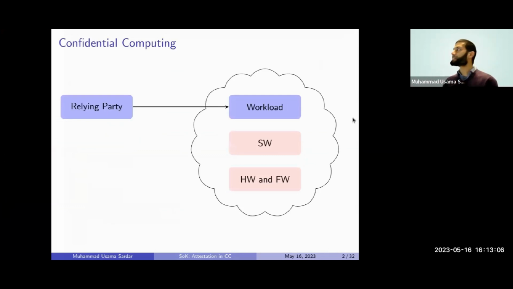What that means is that below that application, there would be some software layer, let's say some OS, which will be controlling or running that application. And underneath that, there has to be hardware and firmware, which would actually be controlling and running that software, OS and so on, so everything.